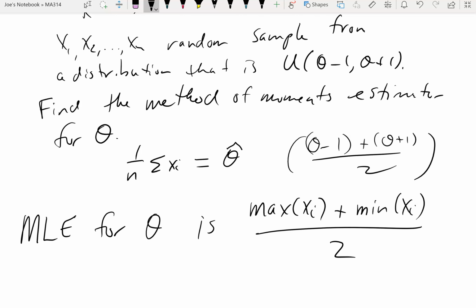Because what is your PDF for this uniform distribution? How do you find the PDF for a uniform? It's 1 over B minus A, right? When I do B minus A, I get 2. I don't get theta. So your likelihood function would just be 1 over 2 to the n when I multiply it together.